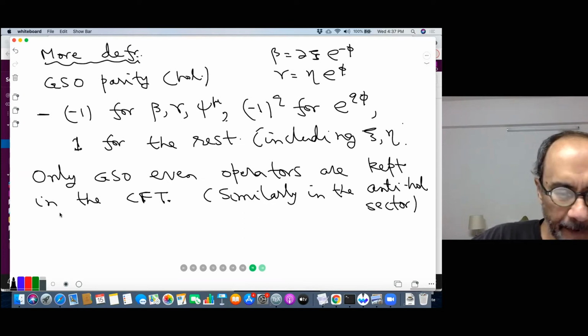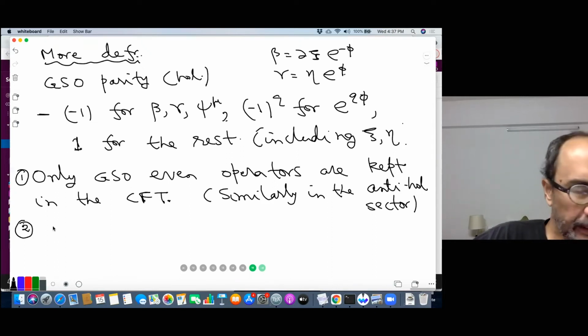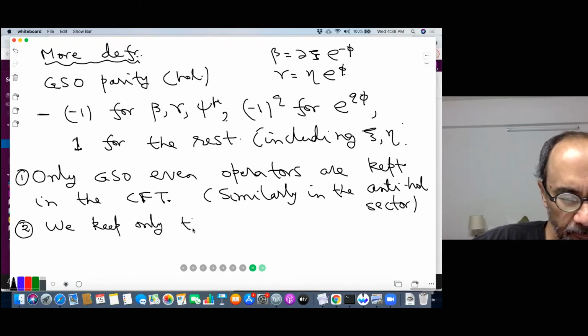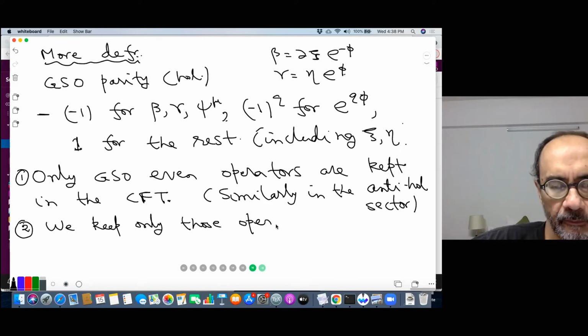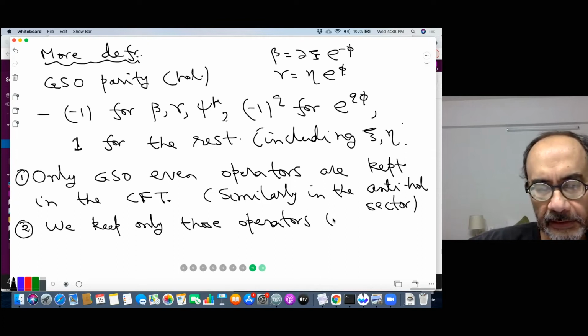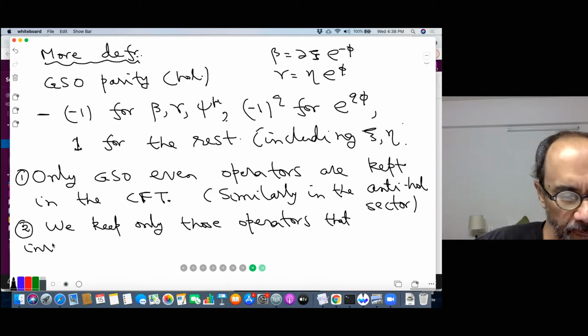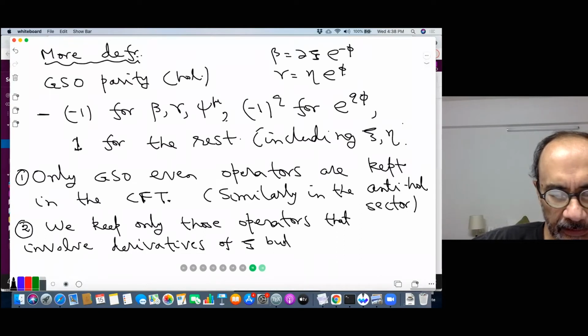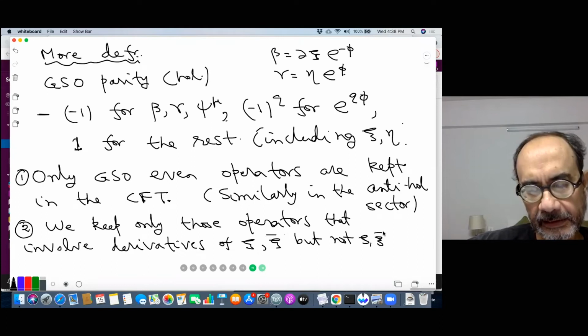Another important constraint is that we keep only those operators that involve derivatives of xi and psi bar, but not xi bar themselves.